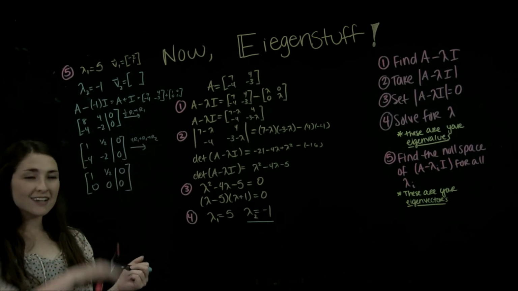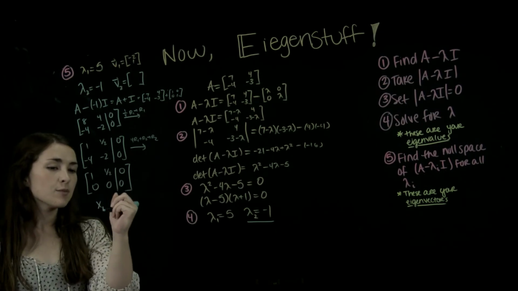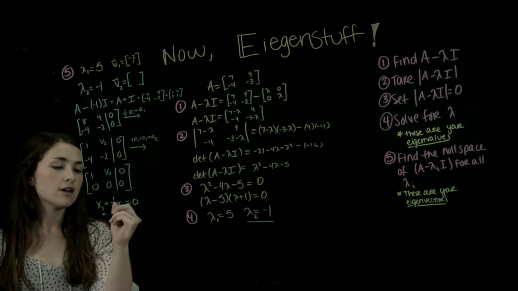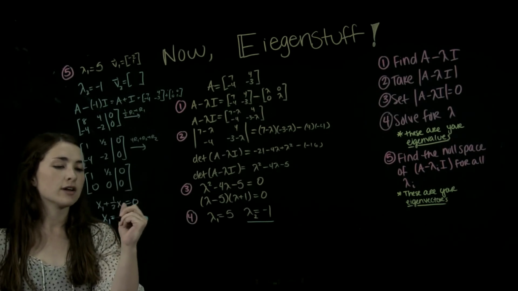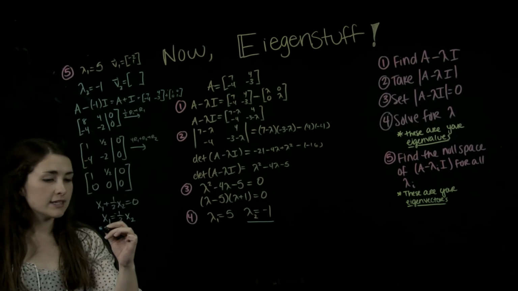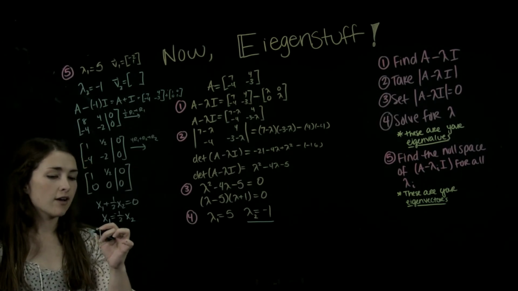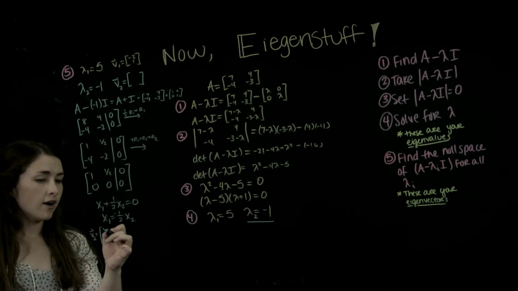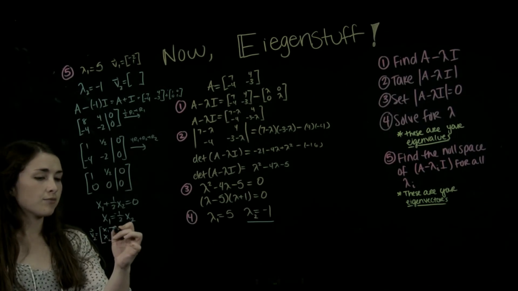So then this tells us here that x sub 1 plus 1/2 x sub 2 is equal to 0. So this tells us then that x sub 1 is equal to negative 1/2 x sub 2. So once again, we're going to take our eigenvector here, v sub 2, set it equal to our x sub 1, x sub 2.